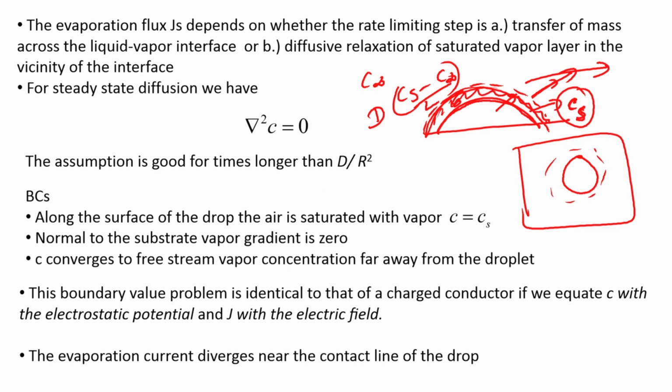In this case also, near the droplet surface, that vapor layer has to relax, right. Now, in order for the vapor layer to relax, we can always write it like a simple Laplace equation. If we write it in one dimension, it is equal to 0, right.